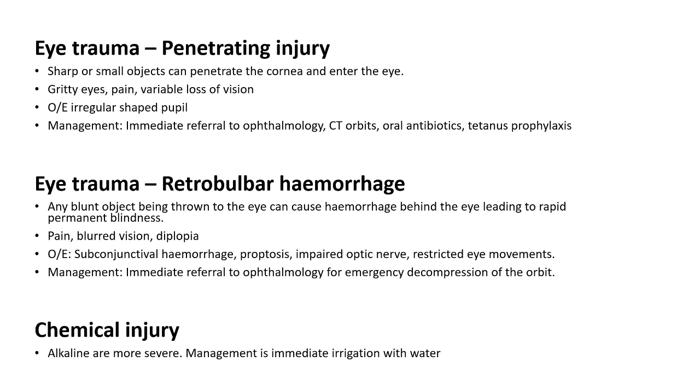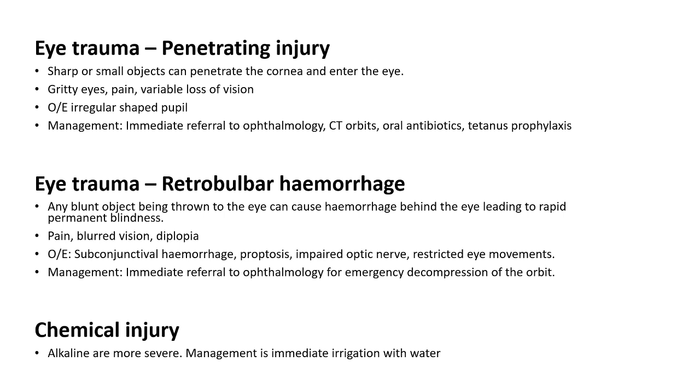An object being thrown into the eye can cause hemorrhage behind the eye, and this is called retrobulbar hemorrhage. This is an emergency as it can cause rapid permanent blindness. The patient will present with pain, blurred vision, and inability to open or close the eyes, as well as diplopia.